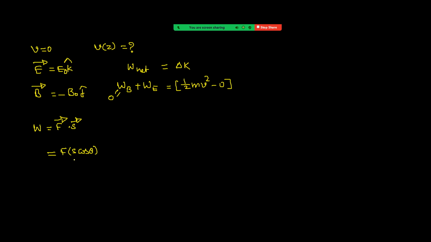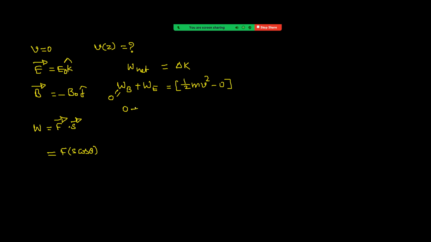This is when force is a constant. I am repeating. Whenever force is a constant, if you want to calculate work done, multiply the magnitude of the force with the component of displacement along the force.